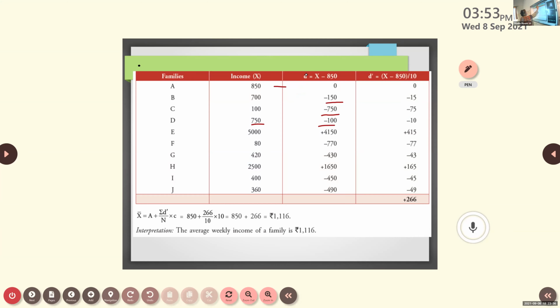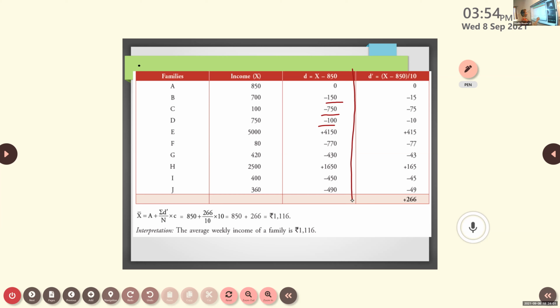All of you please check what you have done, whether it is correct or not. After getting the deviations, look only at this, don't see the other part, that is different. After getting the deviations, what do you have to do? Apply it in the formula.